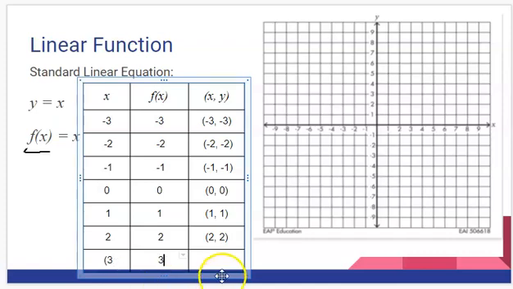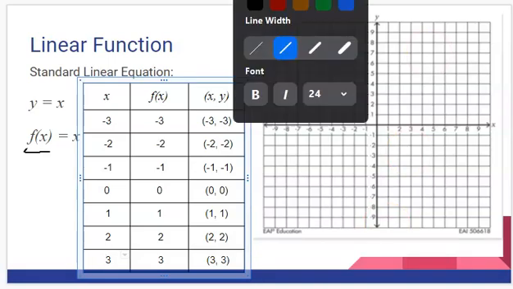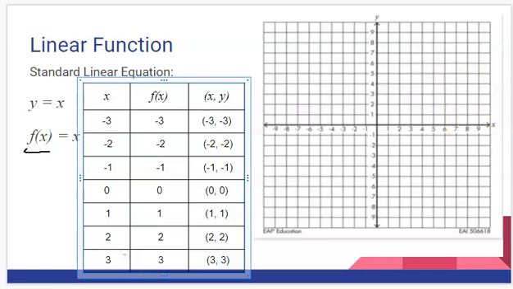So now we're going to graph it. Doing this on graph paper is very important. So we're just going to graph our function. We have our first point, which is at (-3, -3).